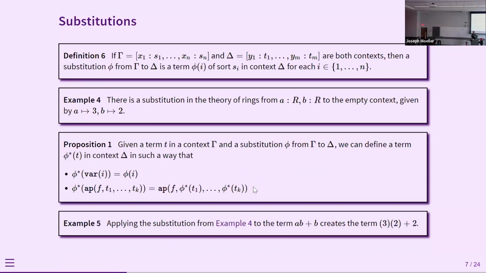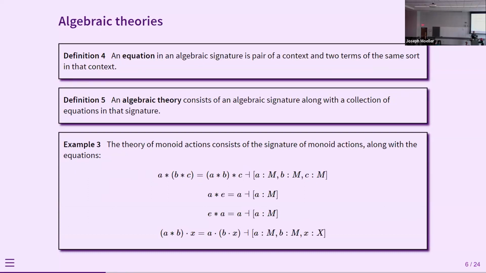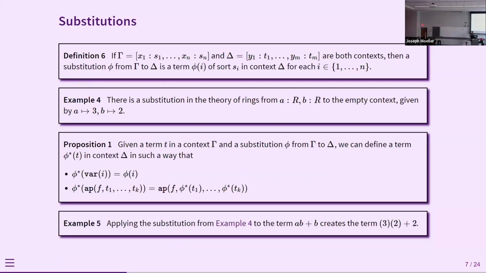Okay. So algebraic theories. Now what can we do with algebraic theories? Well, I want to start working towards the category theory of algebraic theories. And so what's the relevant conception of a morphism? Well, there are different things.